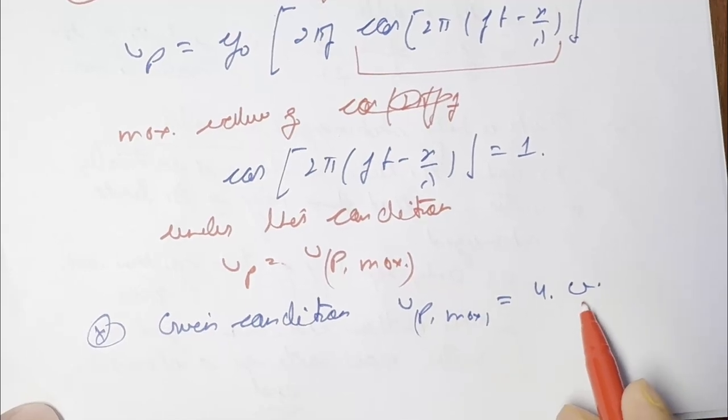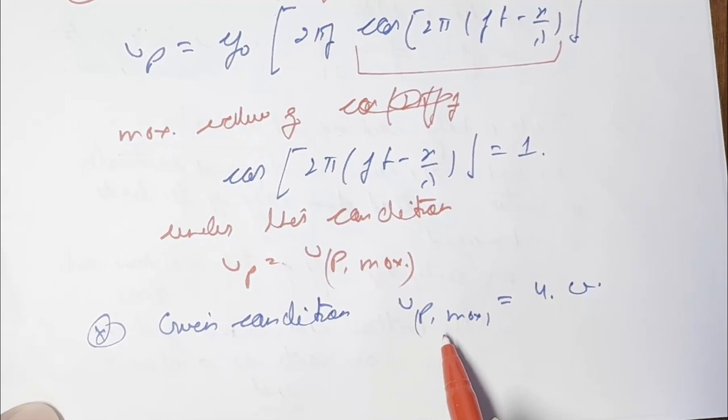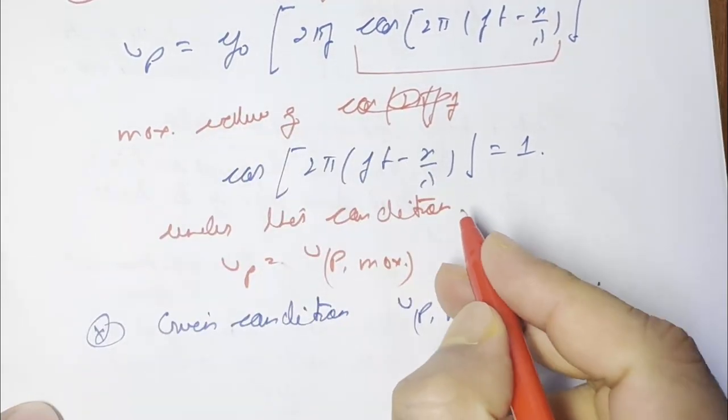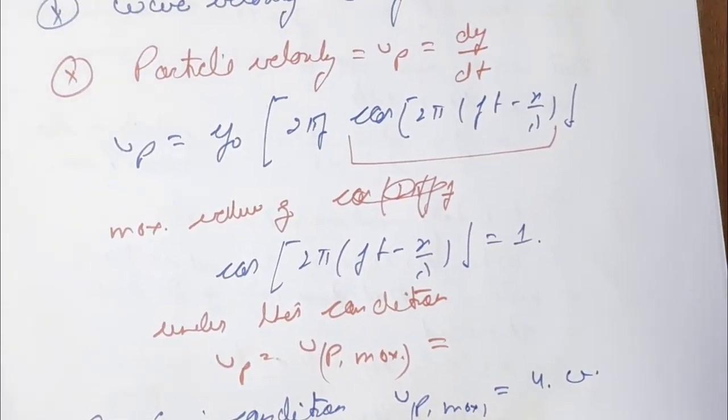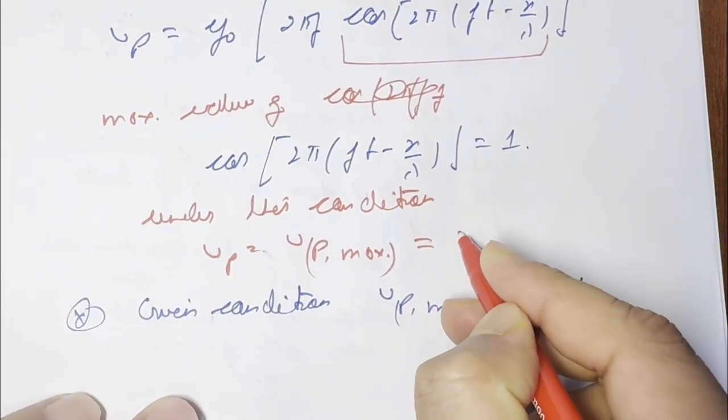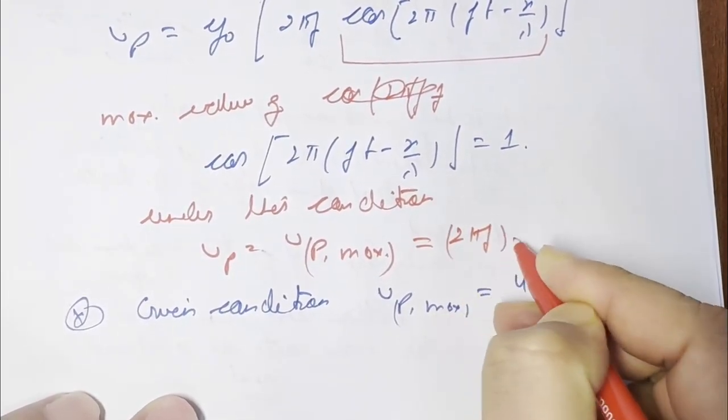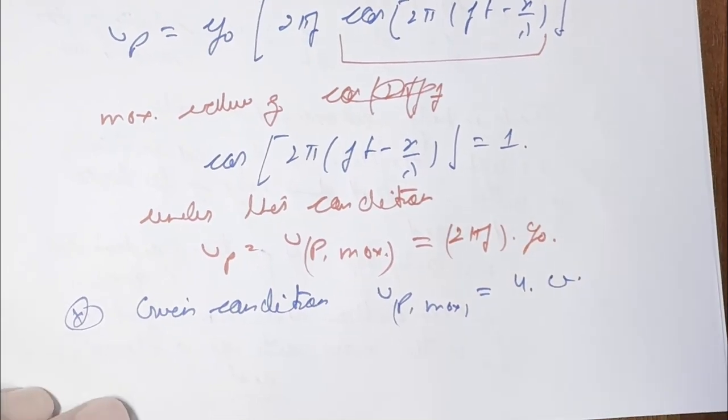So when the particle velocity is maximum, because this entire cosine function becomes equal to 1, the maximum particle velocity Vp max will be equal to 2 pi f multiplied by y naught.